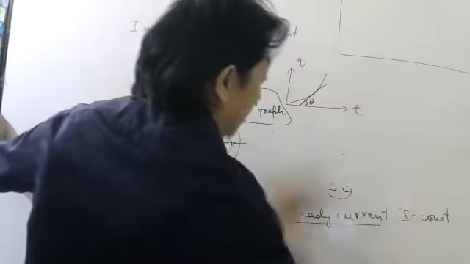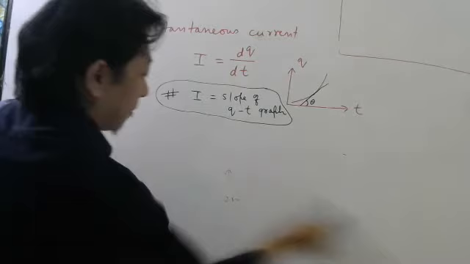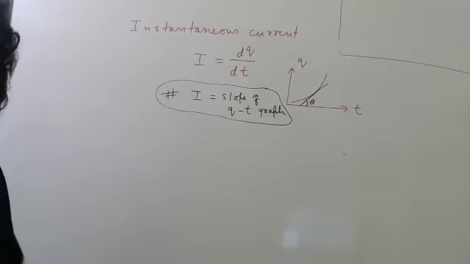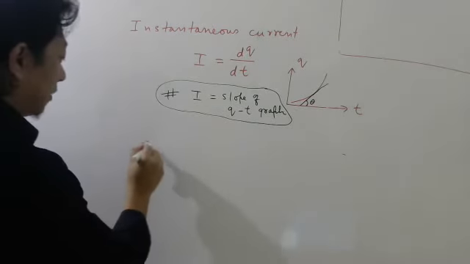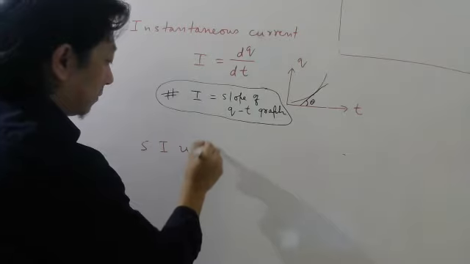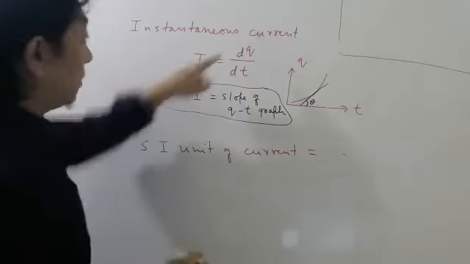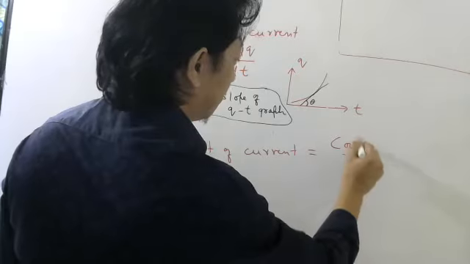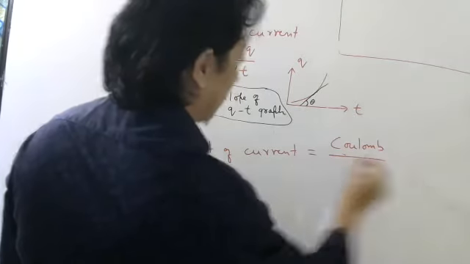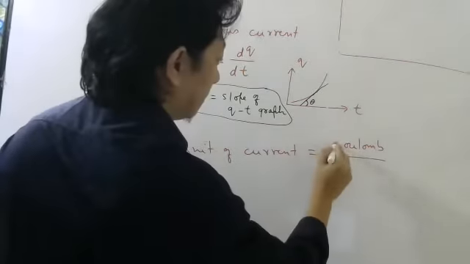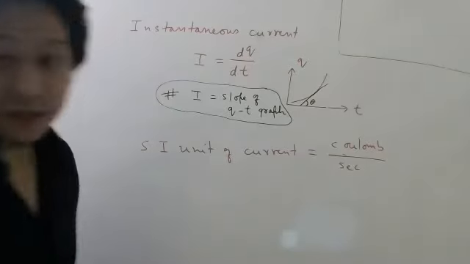What should be the unit of current? Let us talk about the unit now. So the SI unit of current will be, charge will be coulomb and time will be second. So it is coulomb per second.